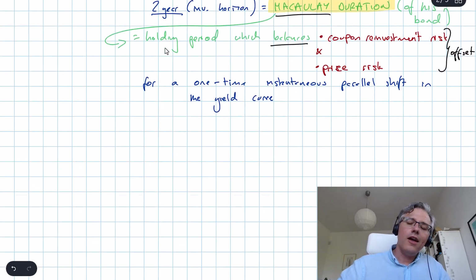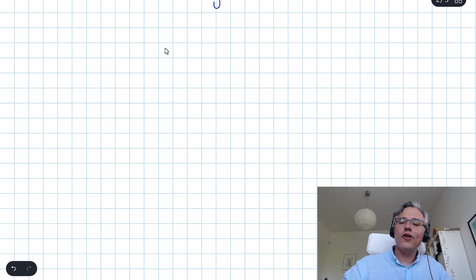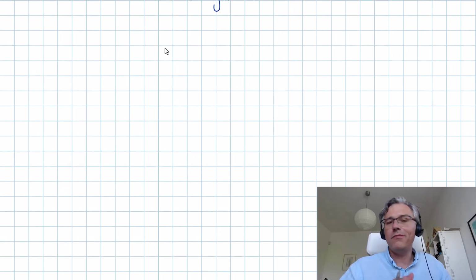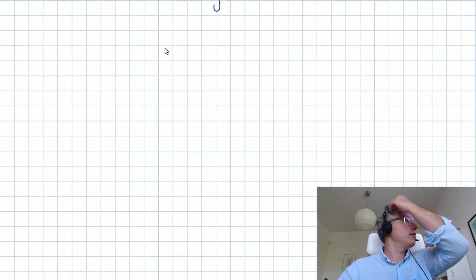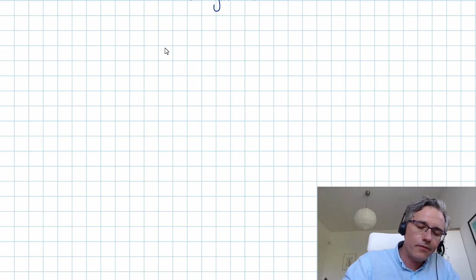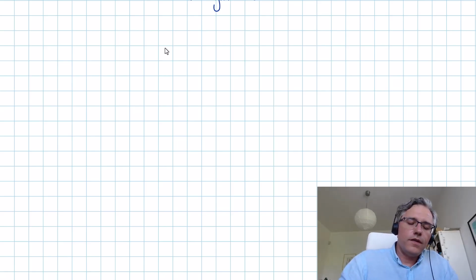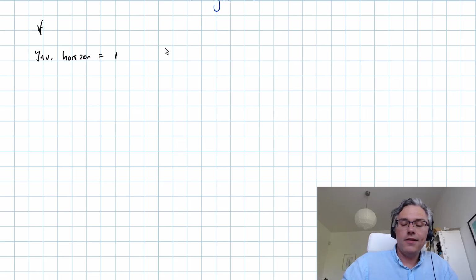Now, a few important comments. Pay attention, please. This is extremely important from an exam perspective. I'm going to start off with the case if the investment horizon that the investor chooses is exactly equal to Macaulay duration.